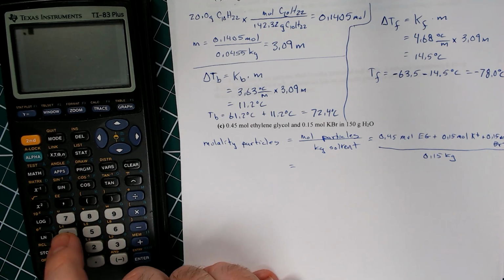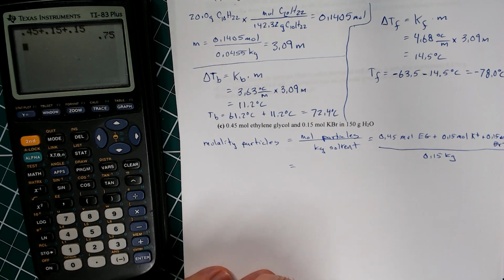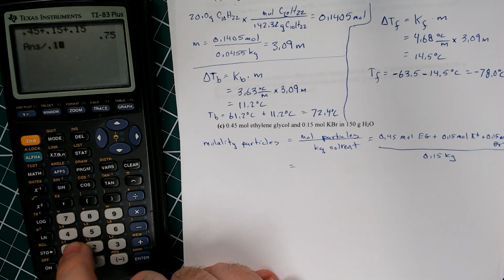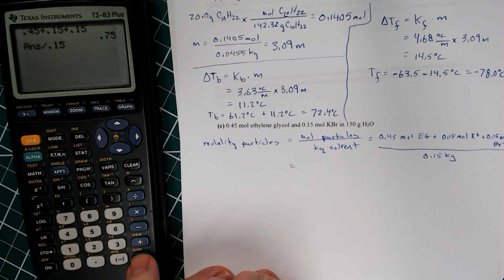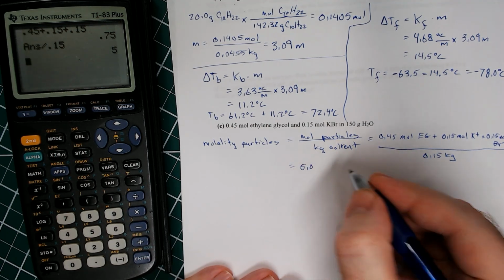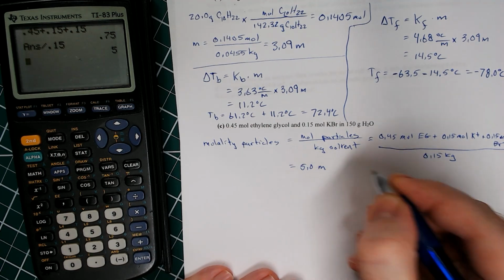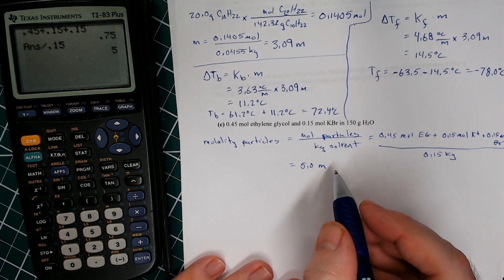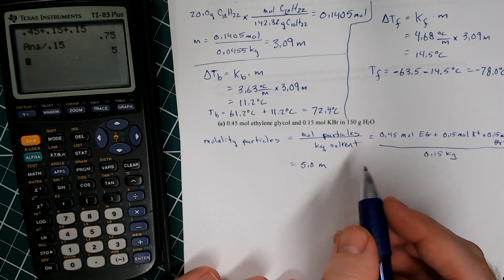So 0.45 plus 0.15 plus 0.15, and that equals 0.75. And then we divide that by 0.15 kilograms. And that gives us 5.0 molal. So the molality of our particles is 5.0 molal.